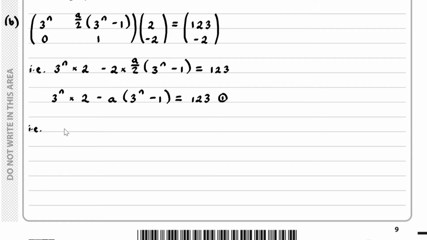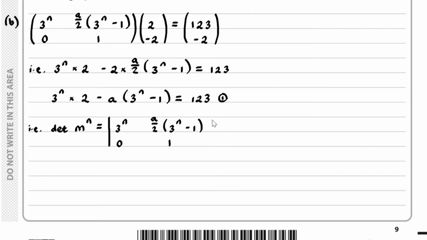So if we have the determinant of M to the n, then we have 3 to the n, 0, a over 2 multiplied by 3 to the n minus 1, 1.